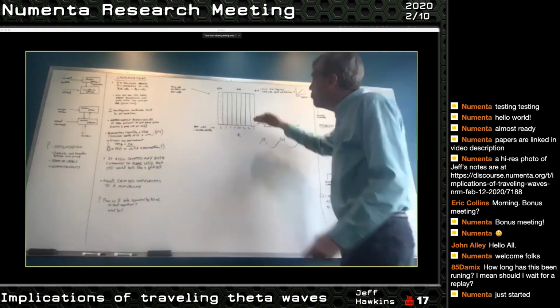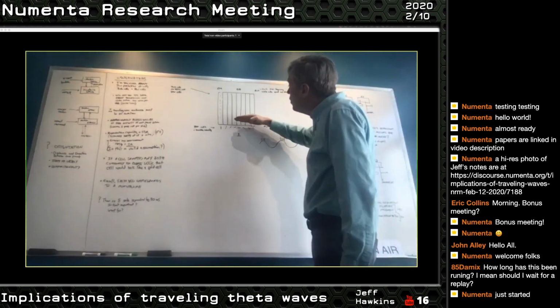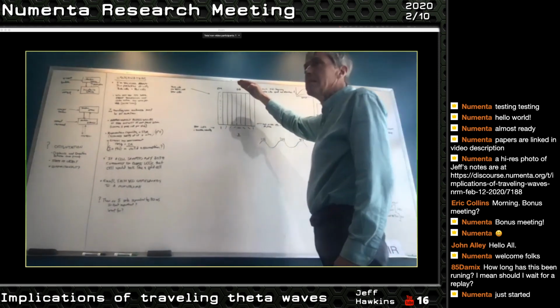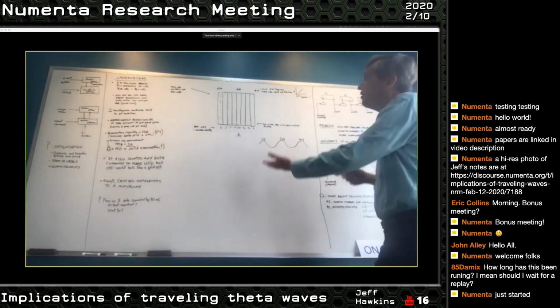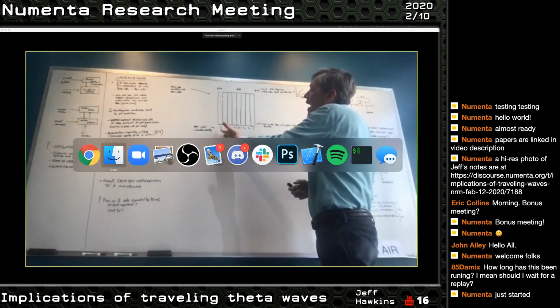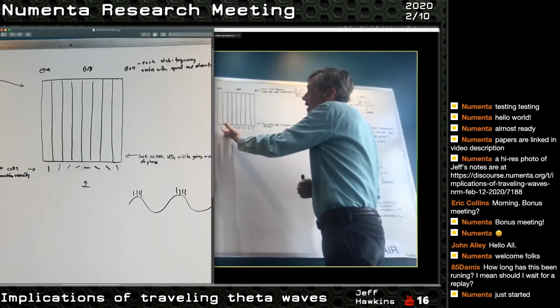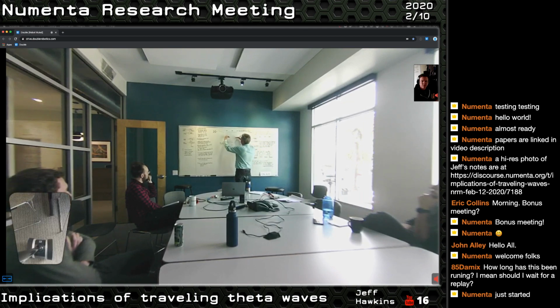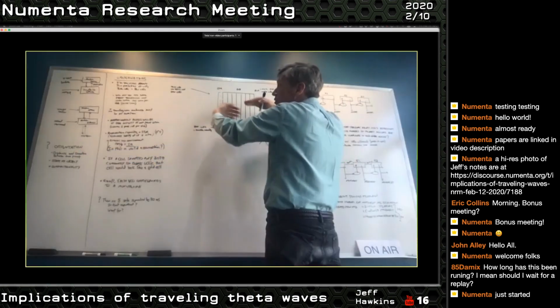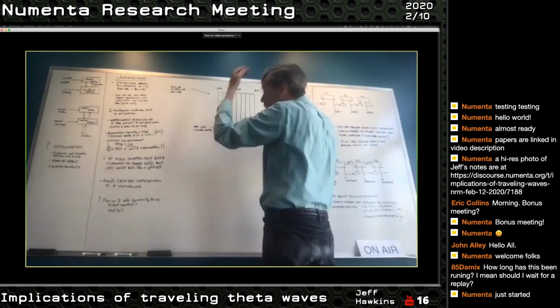So the idea that there's a traveling wave moving across the surface doesn't seem to make sense if you just take the assumptions that these are at different frequencies. There'll basically be a theta frequency movement across here, but each swim lane, each slab, will be slightly in and out of phase and at a slightly different frequency.